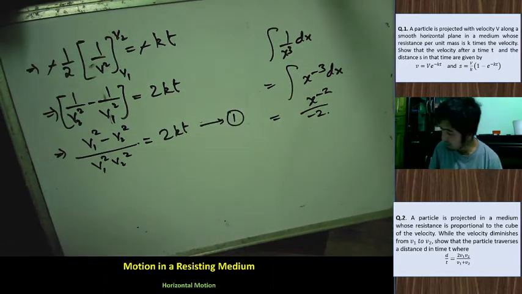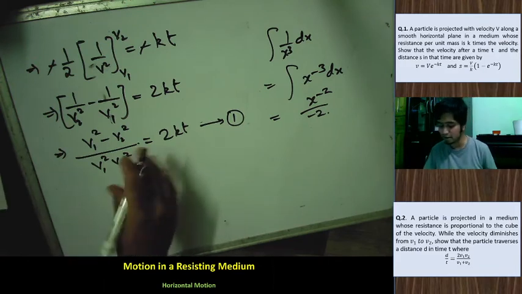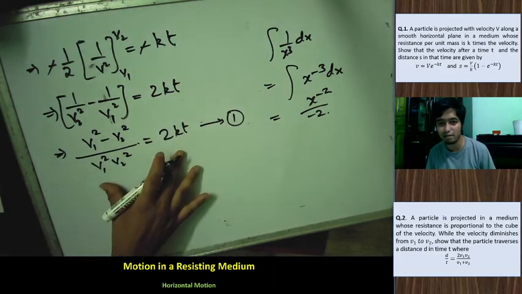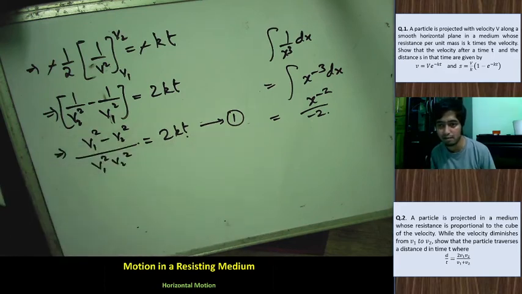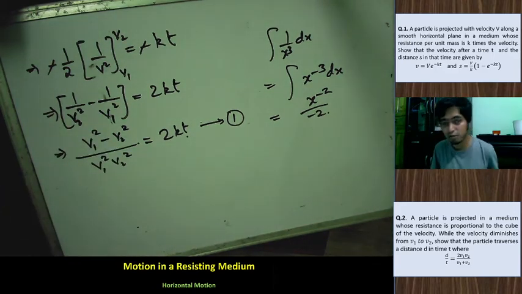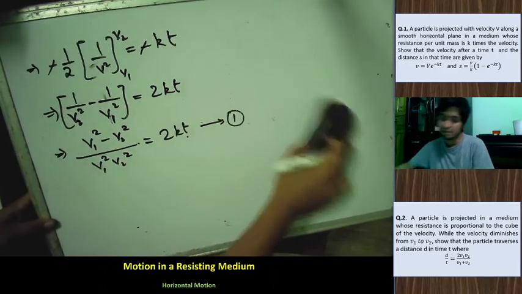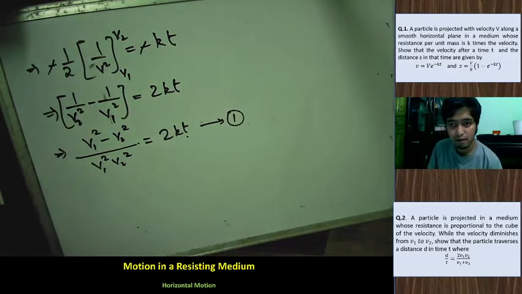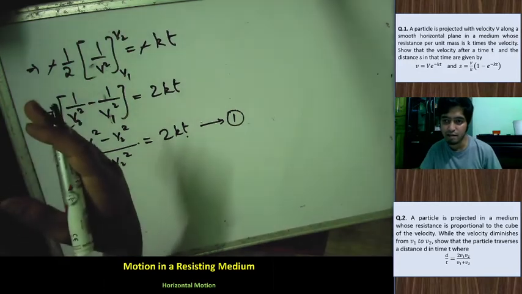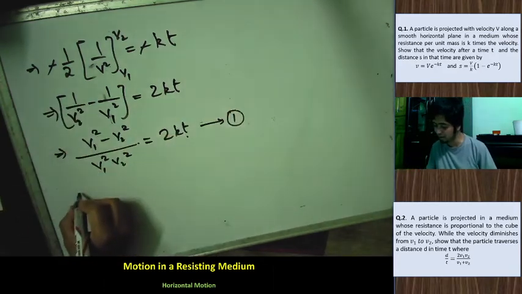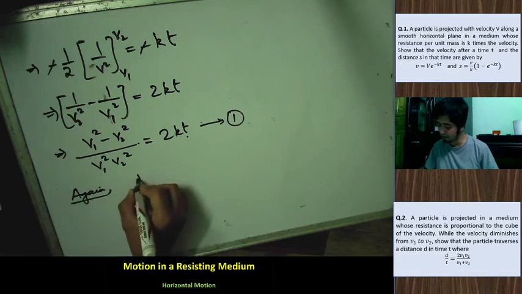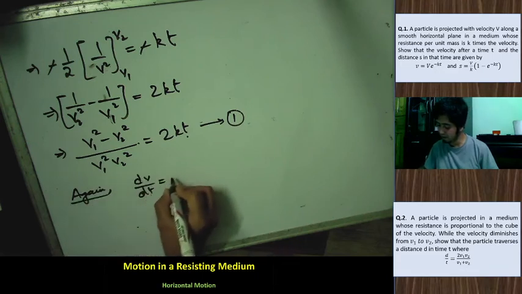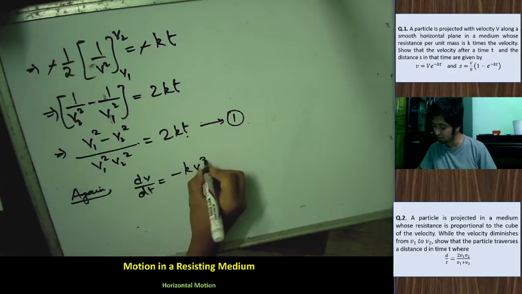So now, we also need the distance. The distance is not present over here. Over here we have got only some time and some velocity. k is a constant. So what I will do now is rewrite the equation of motion. Remember, we were having that dv dt equal minus kv cube.